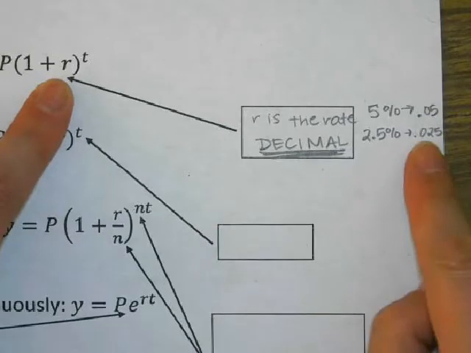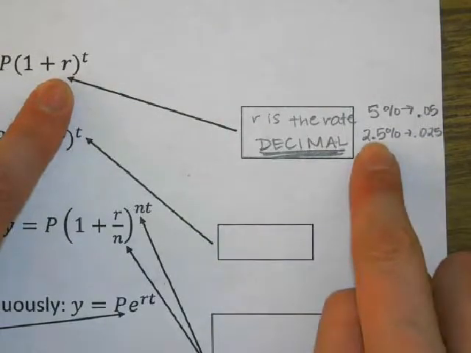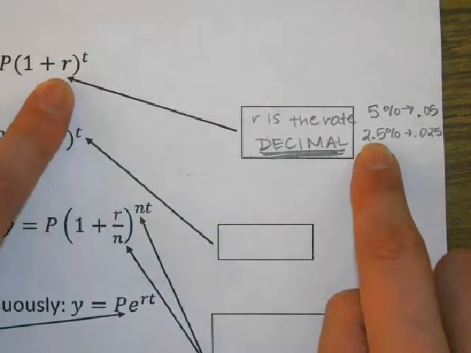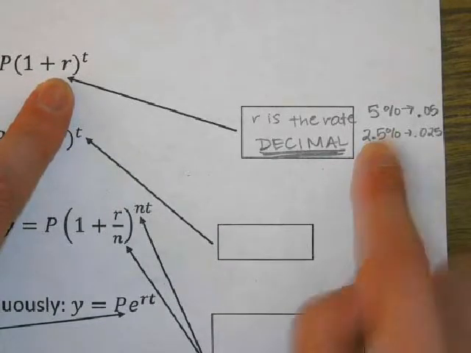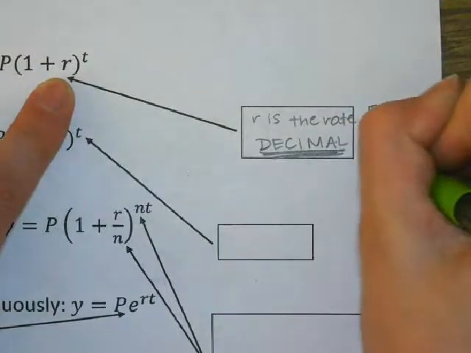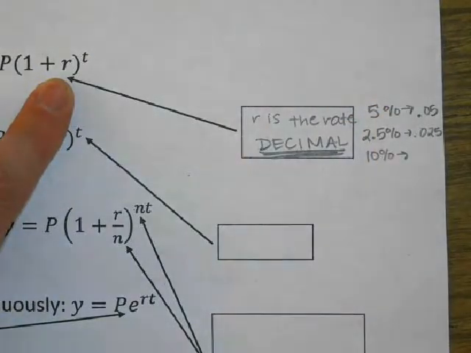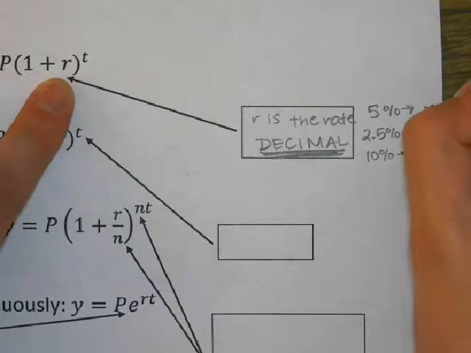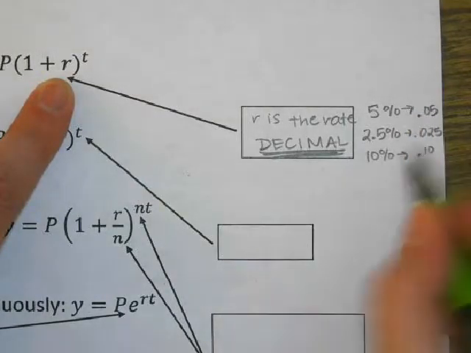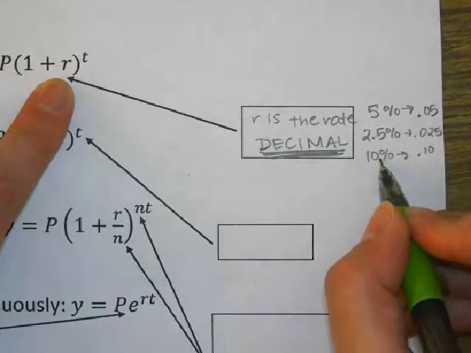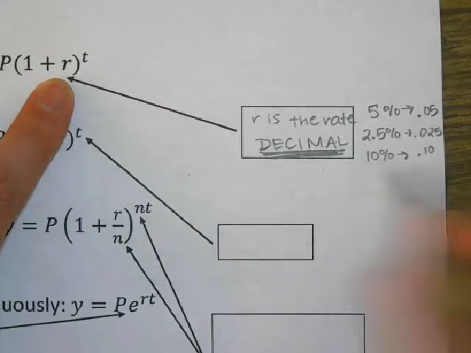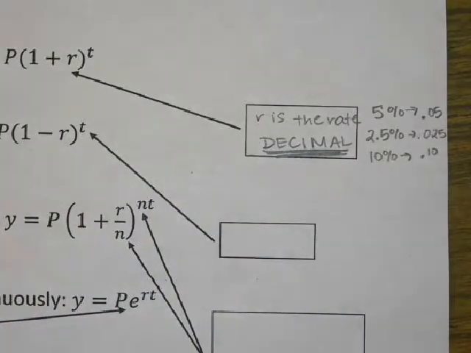So basically the trick is you take the decimal point from the original number and move it to the left twice. So if we had 10%, what is 10% written as a decimal? 0.10. Because the decimal point would have been after the 10, and when we move it 2 places to the left, it goes right before the 1.